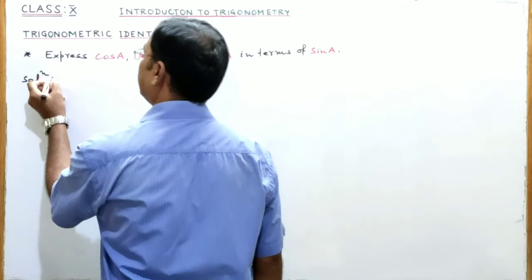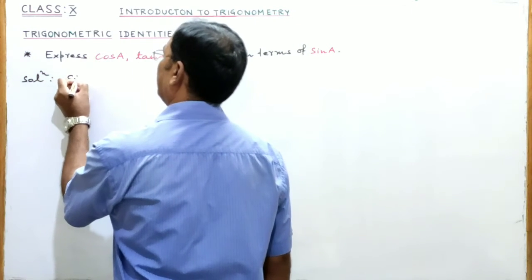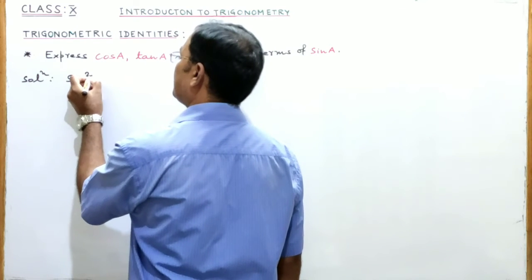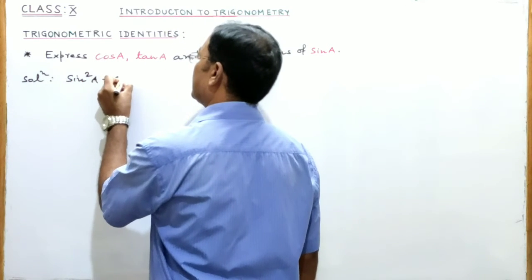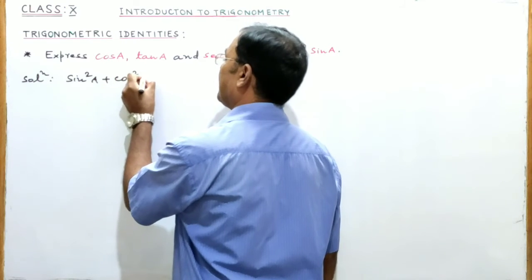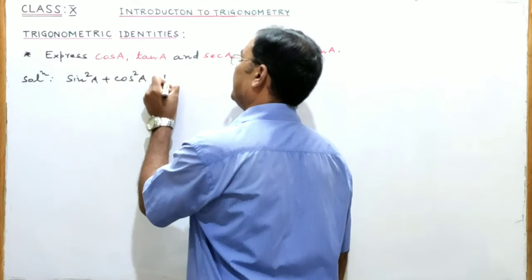We know the identity for acute angle A, sin square A plus cos square A is equal to 1.